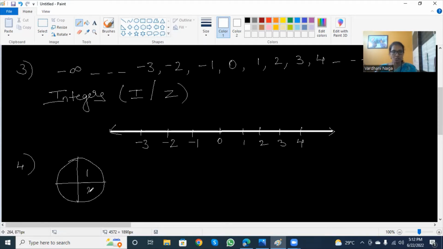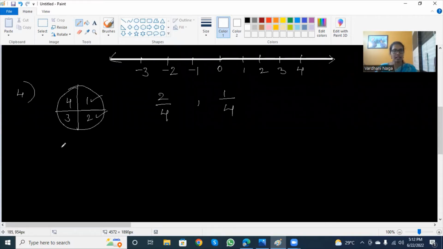These 2 parts are eaten by me. How can we represent this? 2 out of 4, right? Somebody has just 1 part. How will we represent this? 1/4. So along with negative numbers, positive numbers, and 0, we do have fractions here, right?